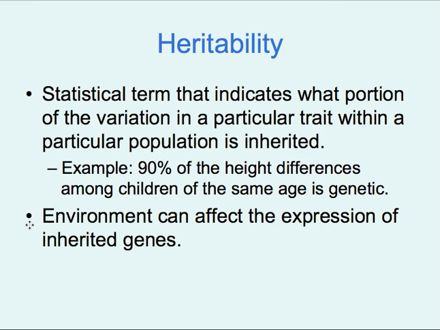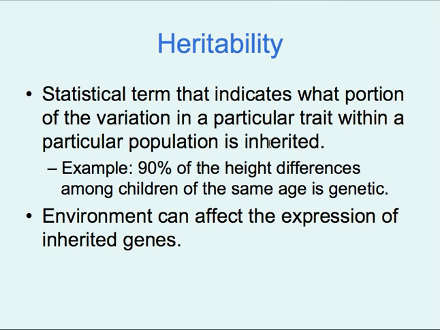The environment can affect the expression of inherited genes. Okay, this is really a very commonly misinterpreted term, heritability. Let me go over the definition one more time. It indicates what portion of the variation in a particular trait in a particular population is inherited.